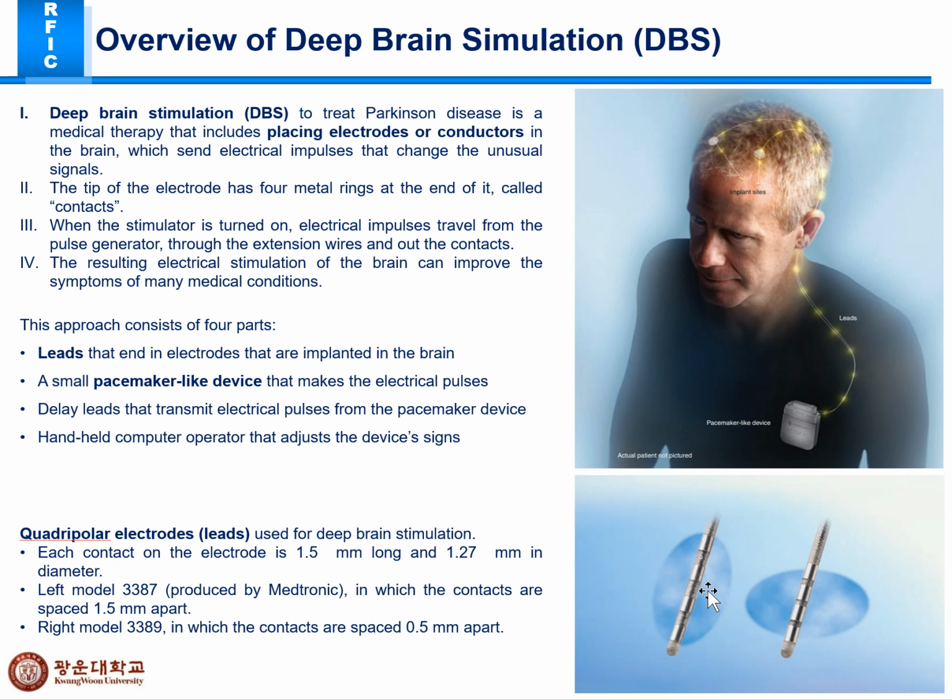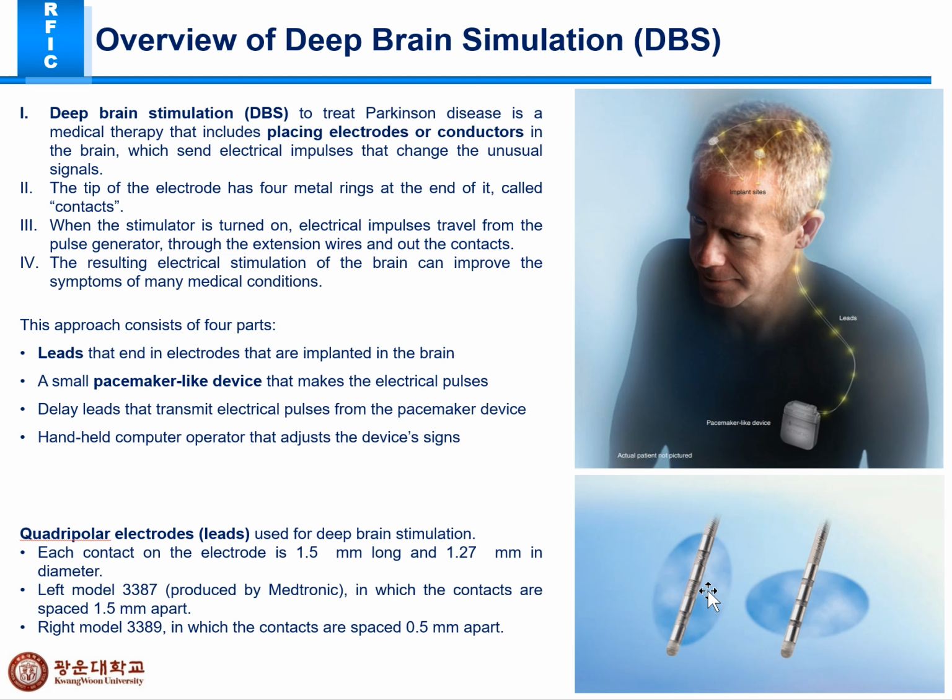Now this slide is about the overview of deep brain stimulation. To treat Parkinson's disease, the therapy includes placing electrodes or conductors in the brain, which send electric impulses that change the unusual signals. The tip of the electrode has four metal rings at the end called contacts, and the stimulator is turned on.